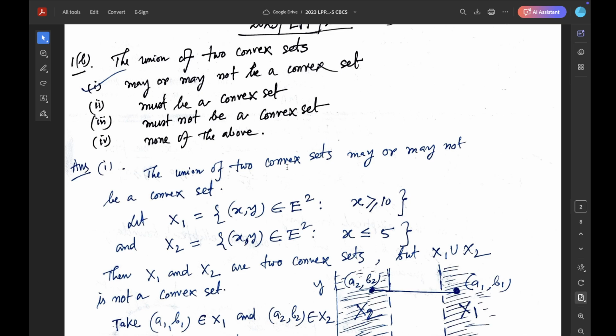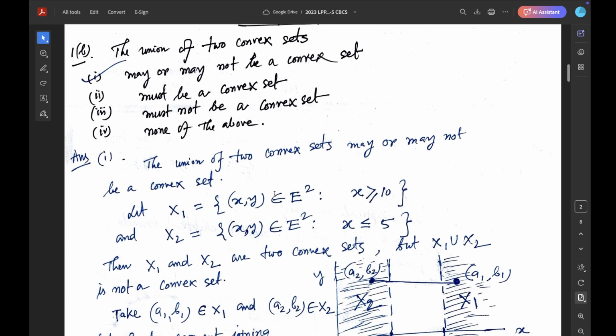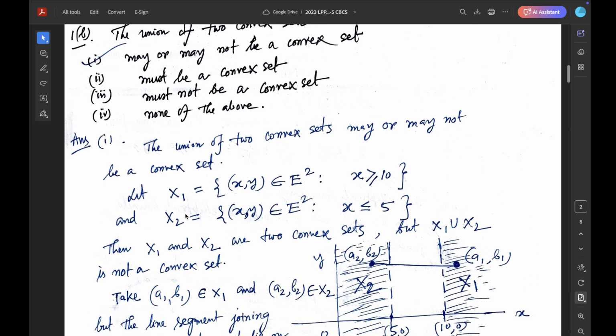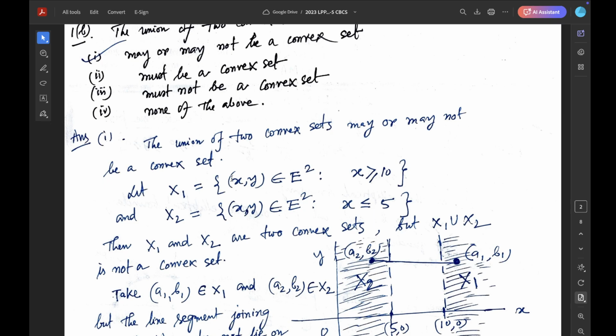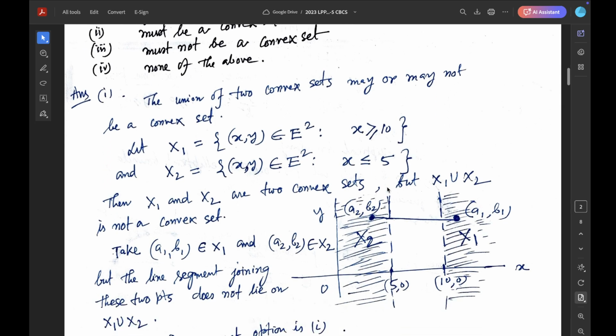The union of two convex sets may or may not be a convex set, but the intersection is always a convex set. For example, consider X1 as the set of all those ordered pair points (x, y) belonging to E2 such that x greater than or equal to 10.